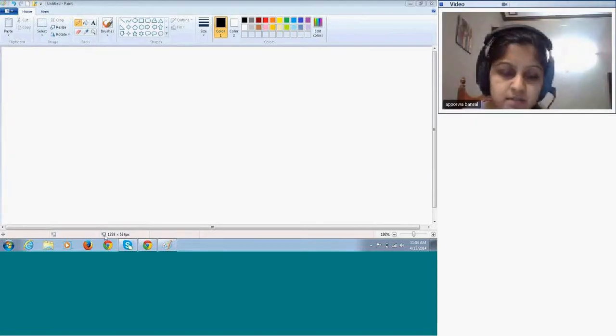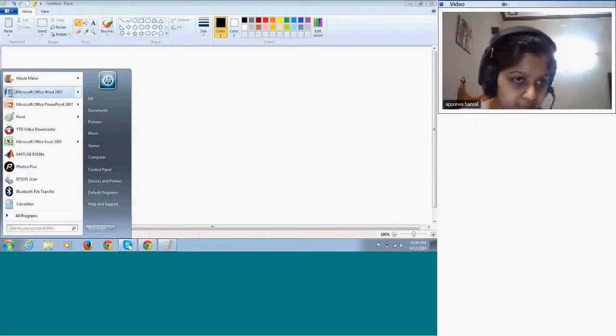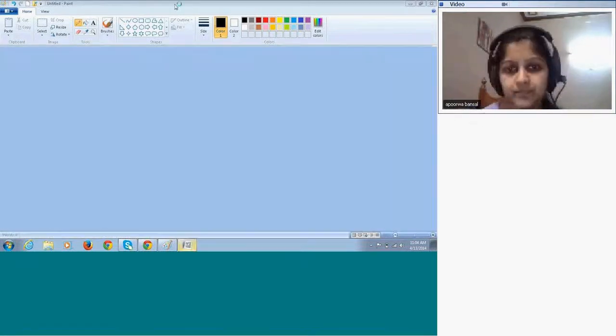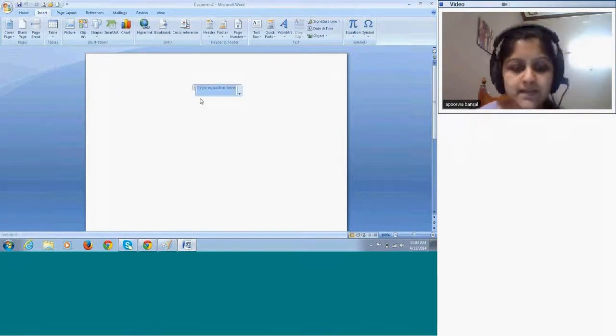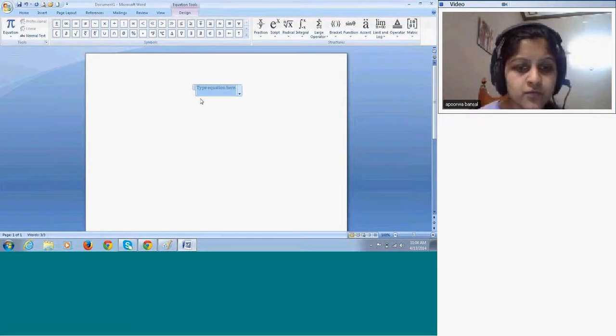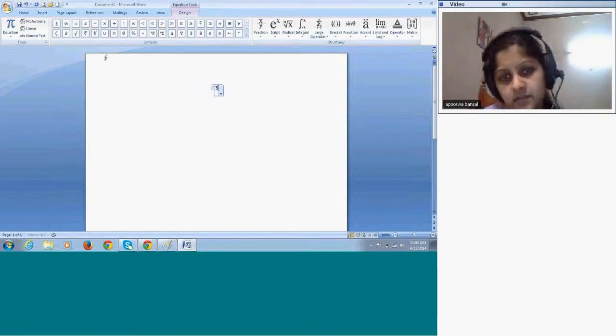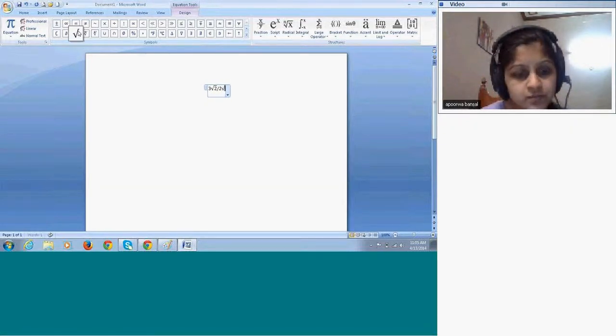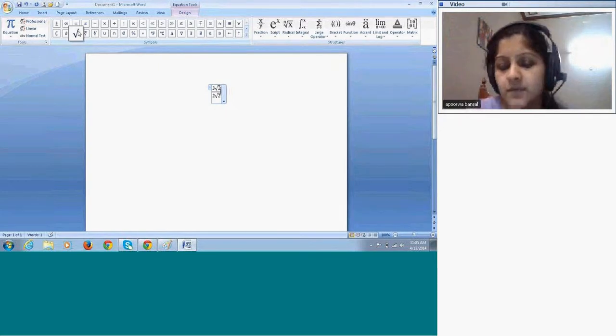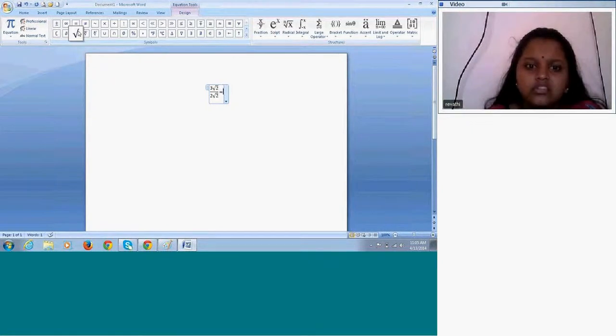3 root 2 over 2. What? We have to divide the whole numbers, 3 by 2, right? We divide root 2 by root 2 inside.